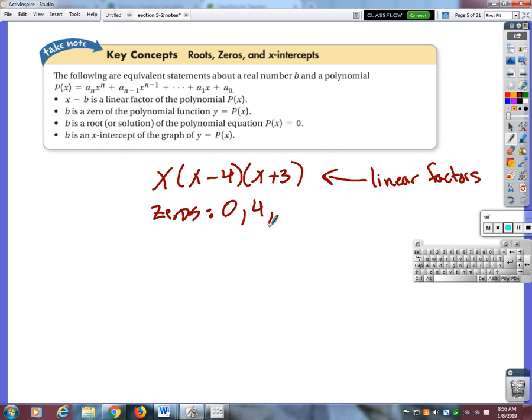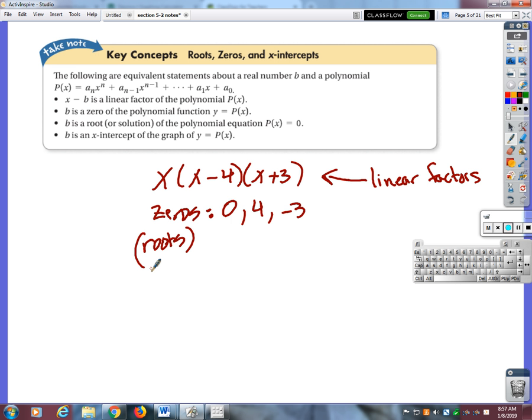And what would x have to be? Negative 3. Okay, so these are called linear factors. When you switch the sign, when you set it equal to 0, those are also called the zeros of the polynomial because you get them by setting the polynomial equal to 0. These are also called roots of the equation, okay?